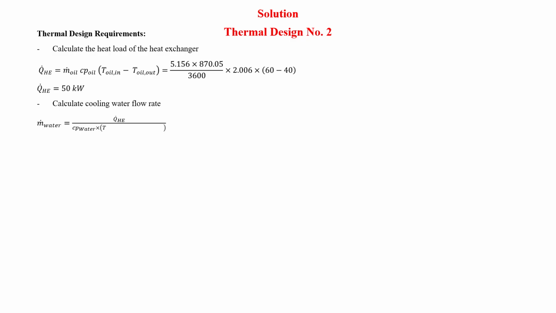Again, we have to follow the energy balance by assuming that the energy rejected from the oil is absorbed by the cooling water, and there is no heat loss because the heat exchanger is well insulated. Then we will get the flow rate of water to be 8.224 cubic meter per hour.